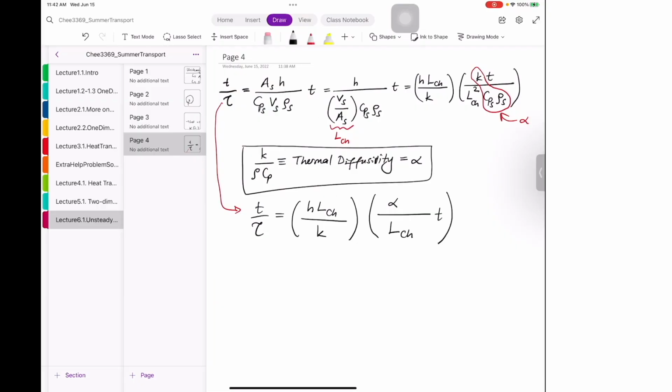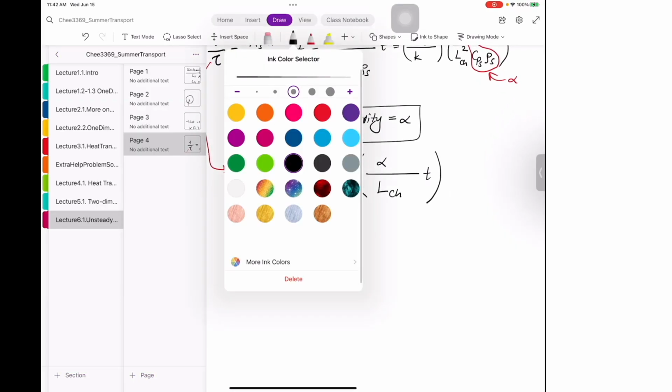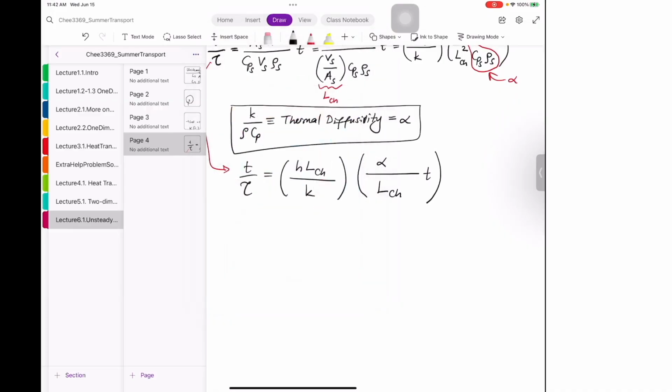Okay. And this number, you know the meaning of this number, right?